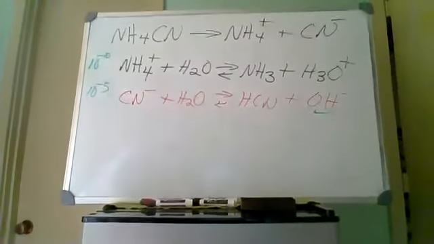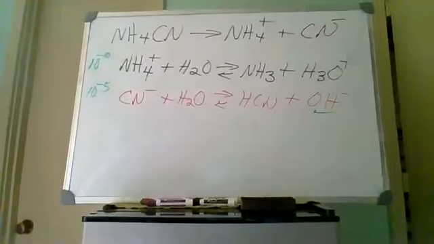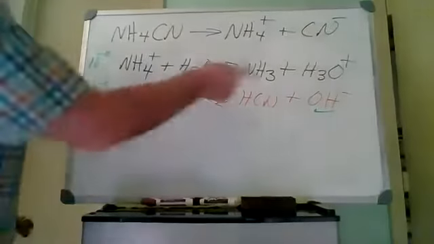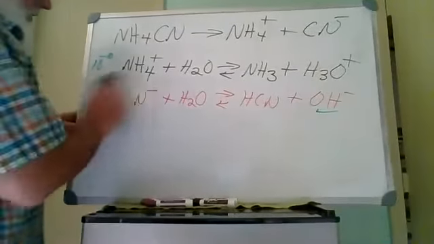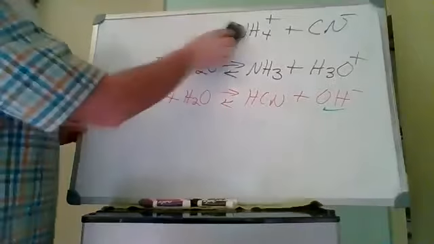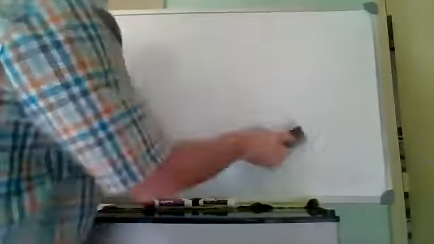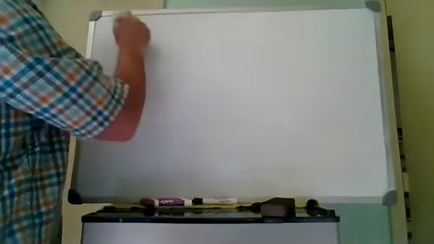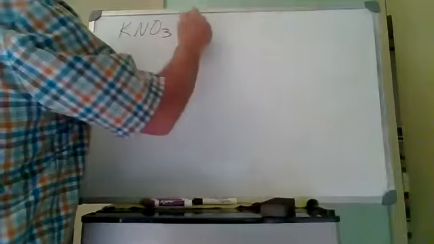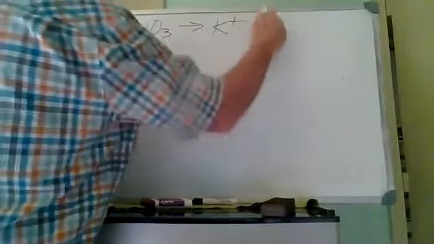All right, let's do the exercise that accompanied this. Now that we somewhat know how to do this, we'll do it a little faster. I think it was KNO3. That gives us K plus and nitrate anion.